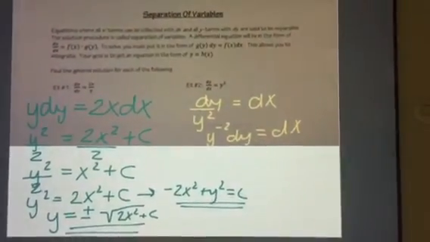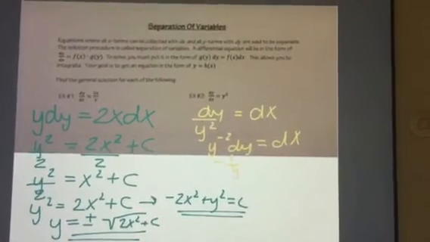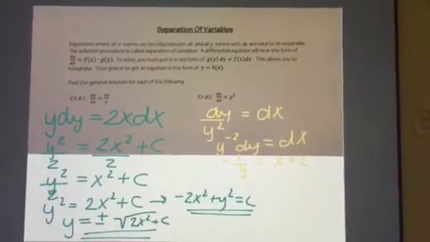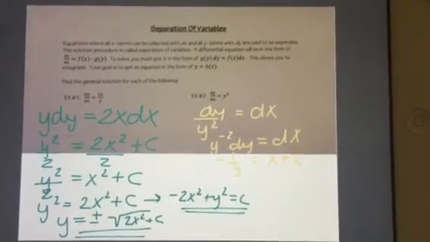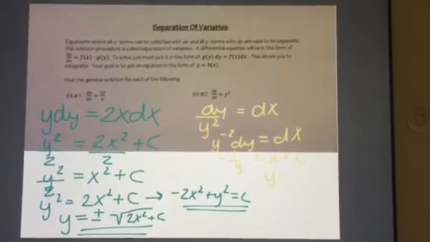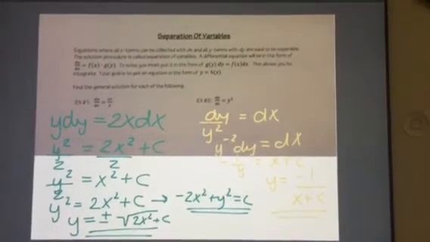Integrate it, and that'll give us negative 1 over y is equal to x plus c. To solve for y, y and our x plus c will switch places, so y will equal negative 1 over x plus c.